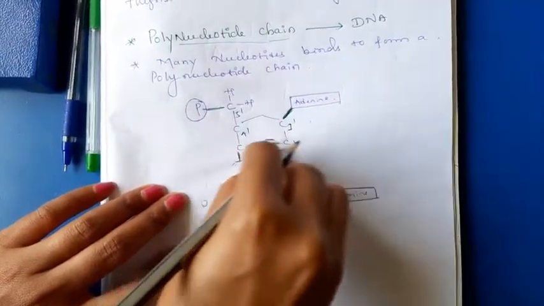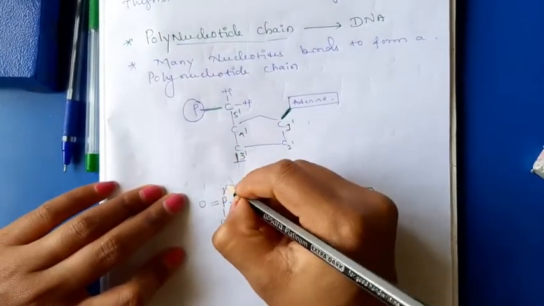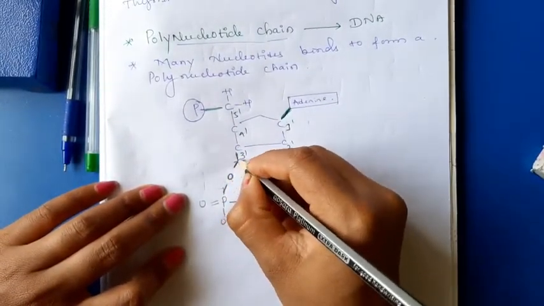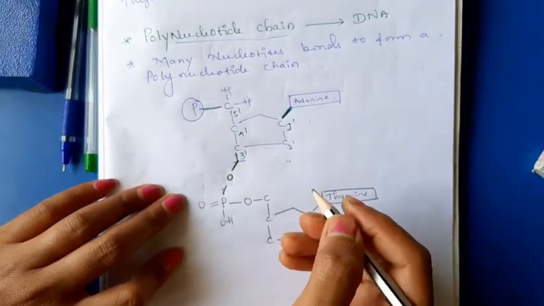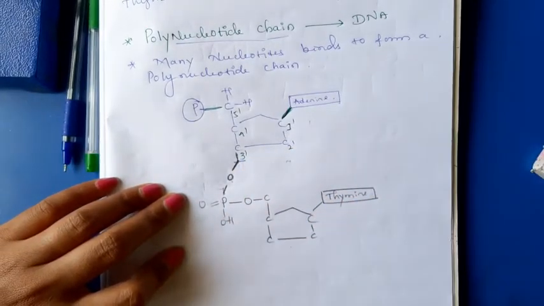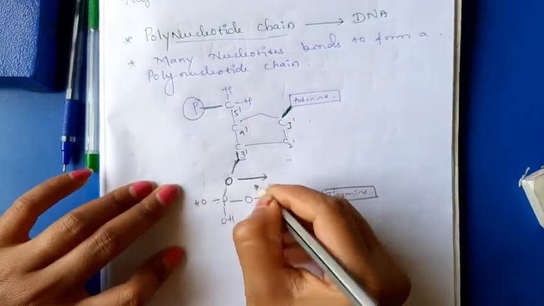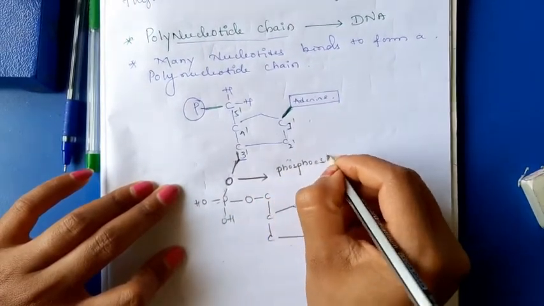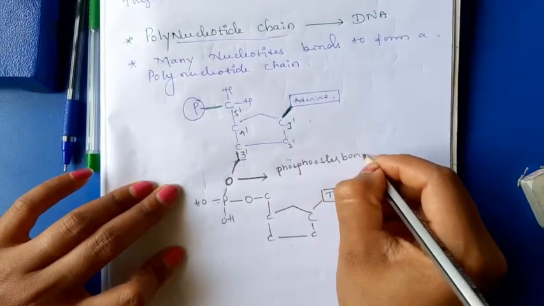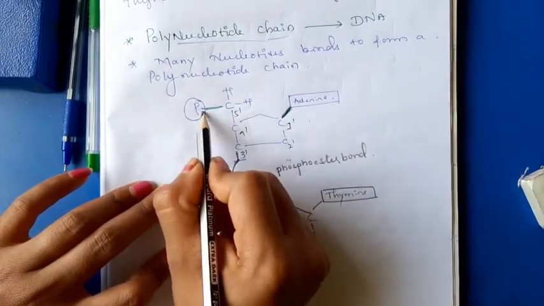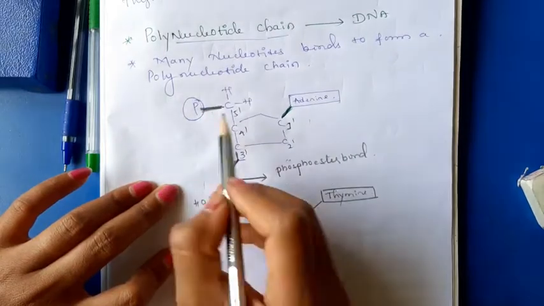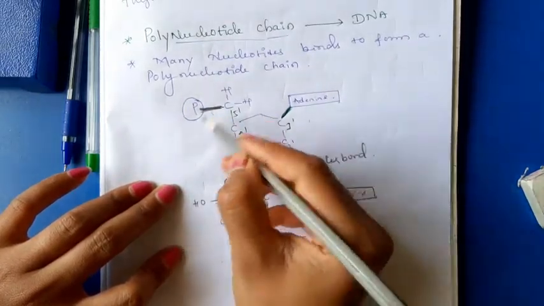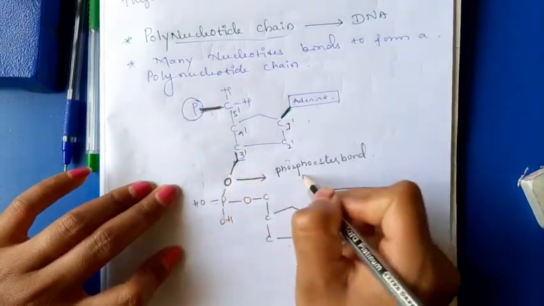Again I will write, this is another phosphoester bond. Okay. Remember, in the first nucleotide also the phosphoester bond is present. For that nucleotide again another phosphoester bond.